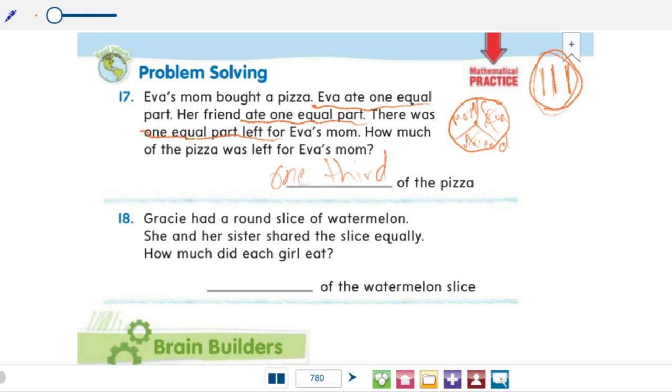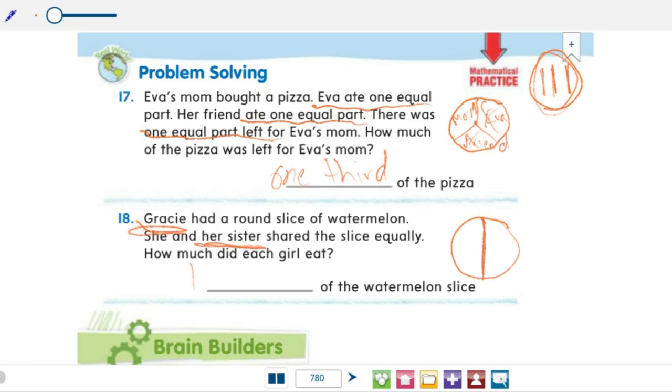Let's take a look at number 18. It says, Gracie had a round slice of watermelon. Oh, so I'm going to draw my round slice of watermelon. She and her sister shared the slice equally. How much did each girl eat? Well, Gracie is 1 person and her sister is another person, so we need to cut this into 2. So how much did they each get?